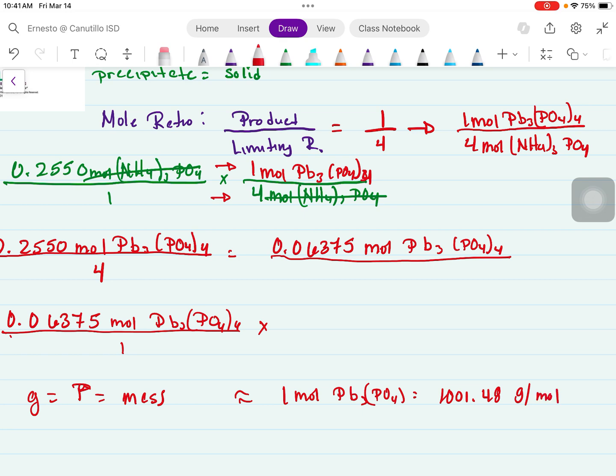So what that tells me is that 1 mole of lead 4 phosphate has a mass of 1001.48 grams.